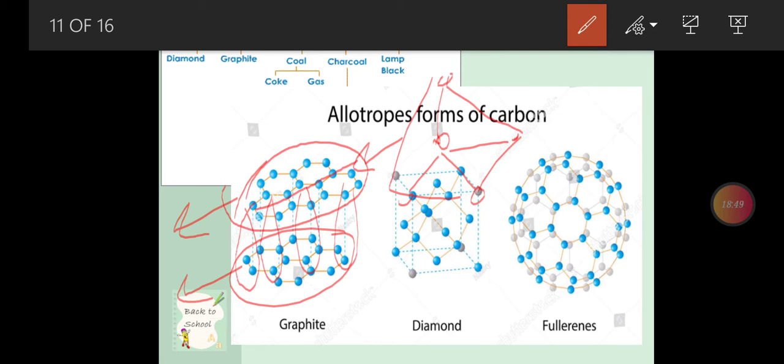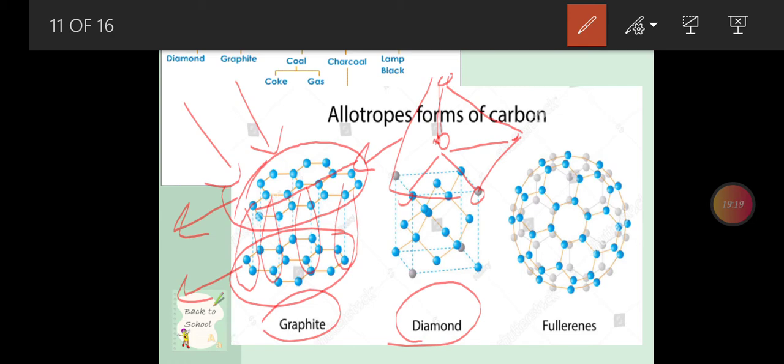See, the arrangement matters a lot. The arrangement of carbon atoms in hexagonal arrays held by weak intermolecular forces makes it a soft material, as in graphite, whereas the tetrahedral arrangement of carbon atoms makes it the hardest known substance, that is diamond.